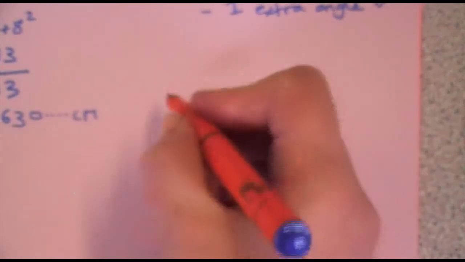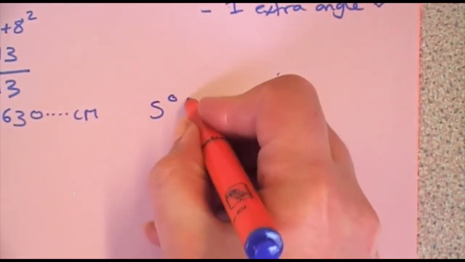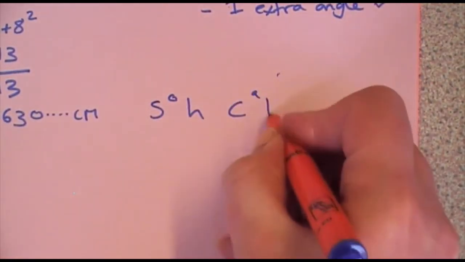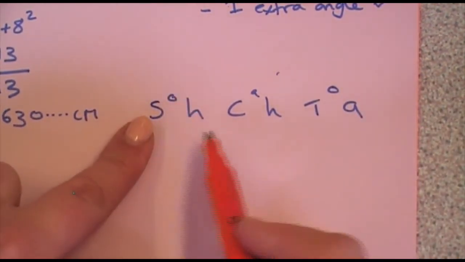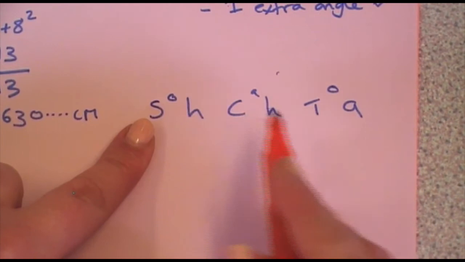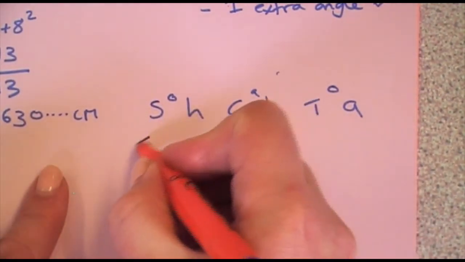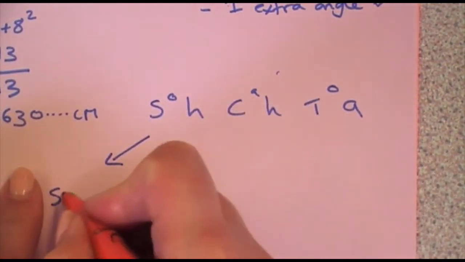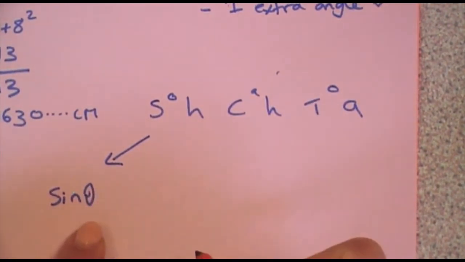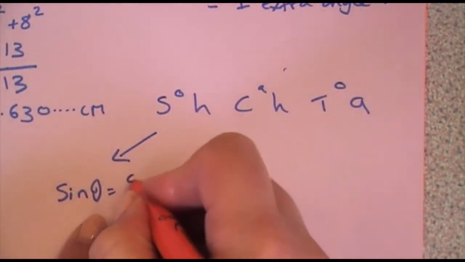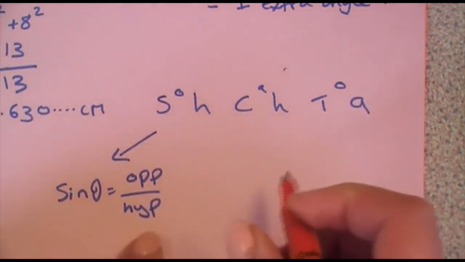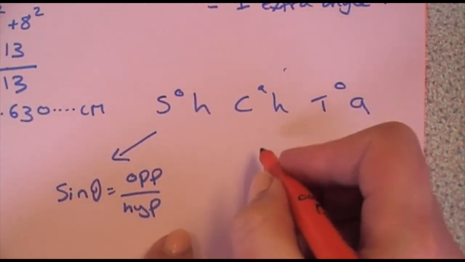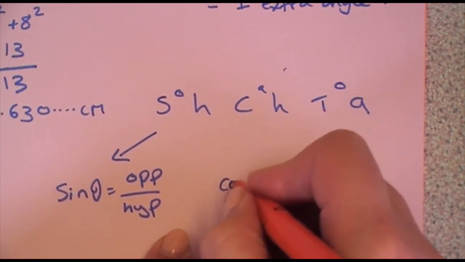Now let's have a little look briefly, because I kind of skimmed over what Sohcahtoa actually means. So when you've done your eliminating and you're selecting one of these ratios, the ratios are, for this one, sine of your angle equals the opposite over the hypotenuse. So it literally tells you what function you need to use to get the answer.